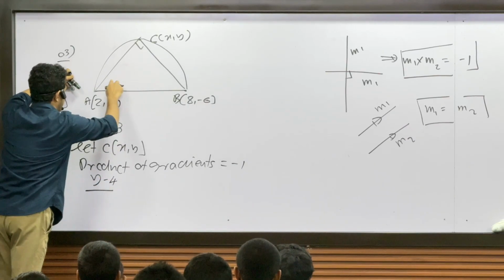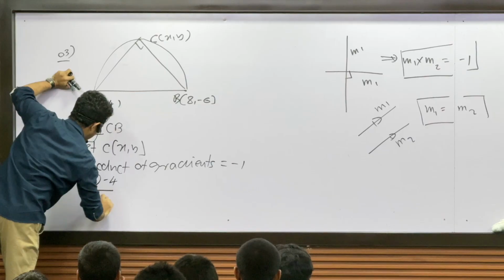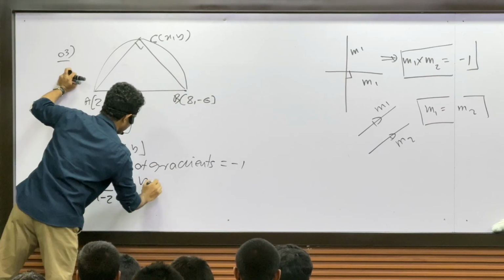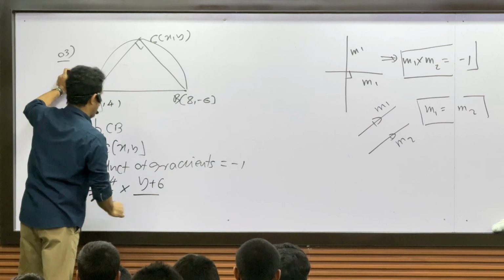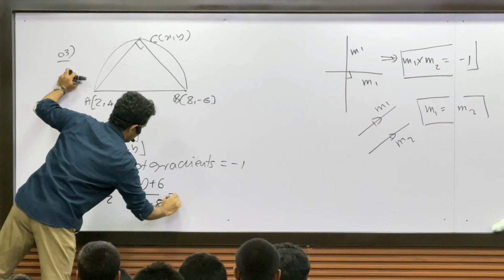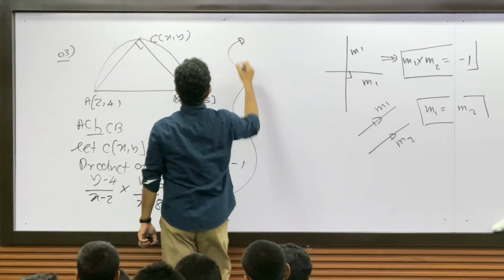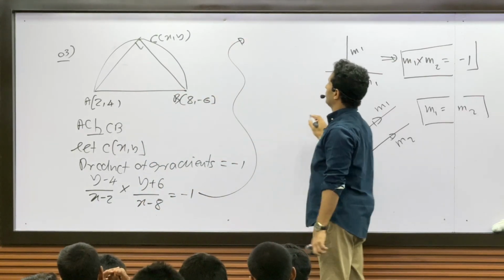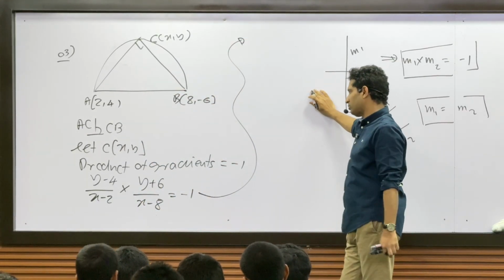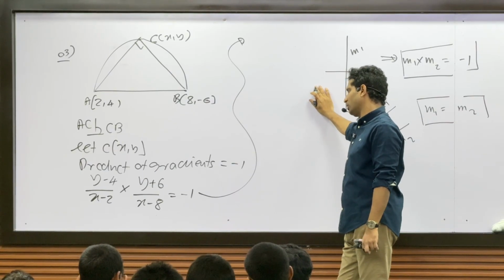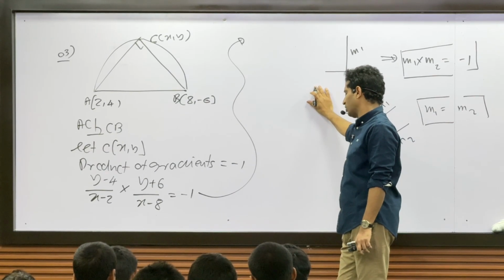The gradient of AC is y minus 4 divided by x minus 2, multiplied by the gradient of CB, y plus 6 divided by x minus 8. This equals minus 1. So y minus 4 over x minus 2 times y plus 6 over x minus 8 equals minus 1.